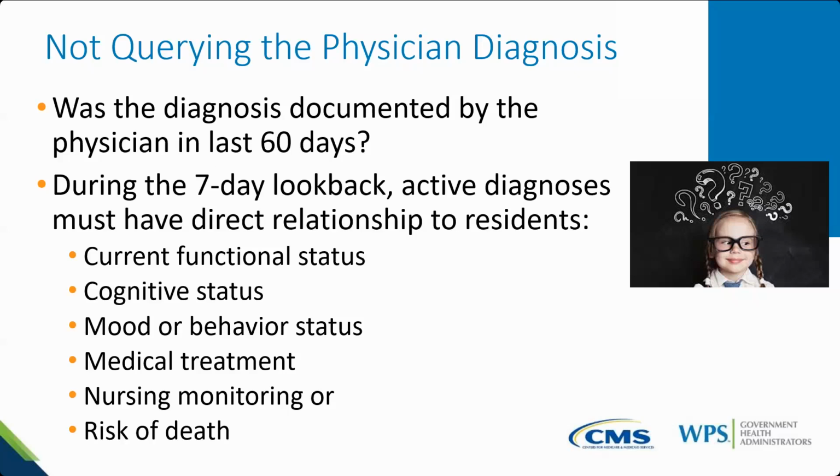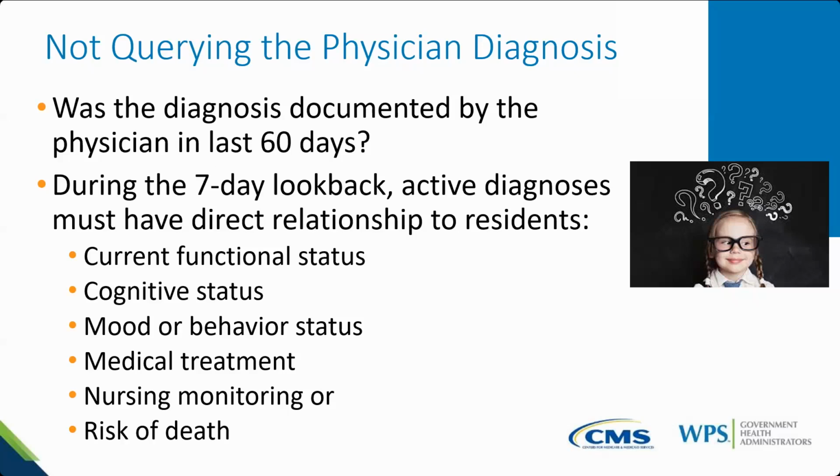In this case, it would be I69.351, which is hemiplegia and hemiparesis following a cerebral infarction affecting the right dominant side, as the primary diagnosis. It may not always be an aftercare code like we originally did, and that was Z47.1.